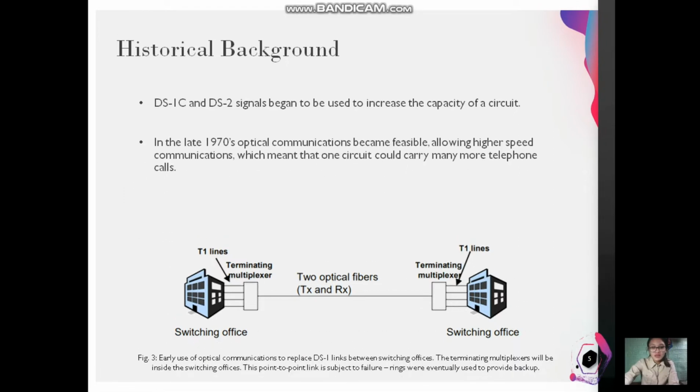Now in the late 1970s, optical communications became feasible, allowing higher speed communications, which means that one circuit could carry many more telephone calls. For example, one of the first commercial fiber circuits was installed in Chicago in 1977 and operated at 45 Mbps, so that is the DS3 rate.